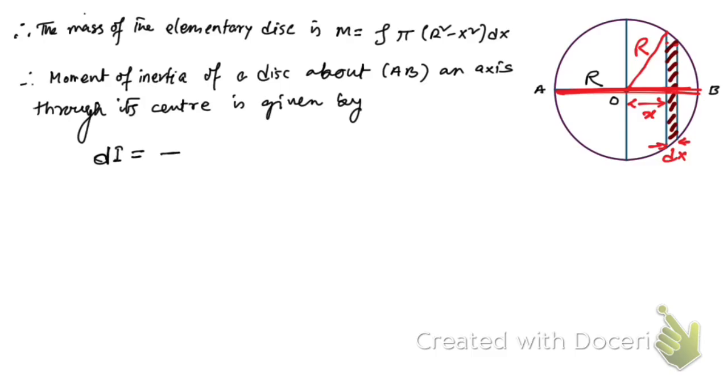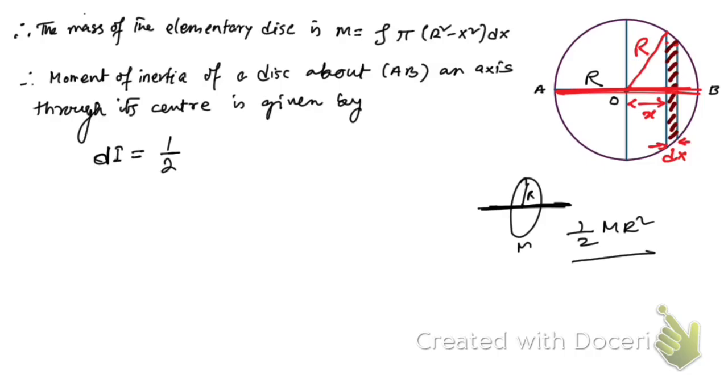So that's going to be given by half: for a circular disc of mass m and radius r, the moment of inertia about the axis through the center is given by half m r square.